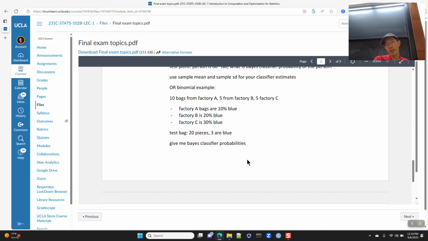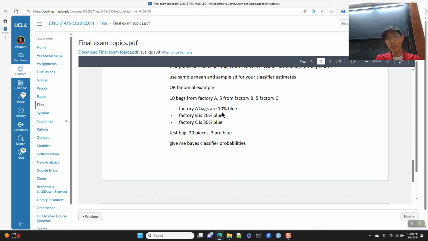Okay. On the other hand, a binomial example. This would be a lot like the example in the lecture notes where I have a bag with marbles or something. Probably it's not going to be bags and marbles, but some kind of thing where the thing gets filled, and it's either going to be some proportion blue, some proportion something, okay?